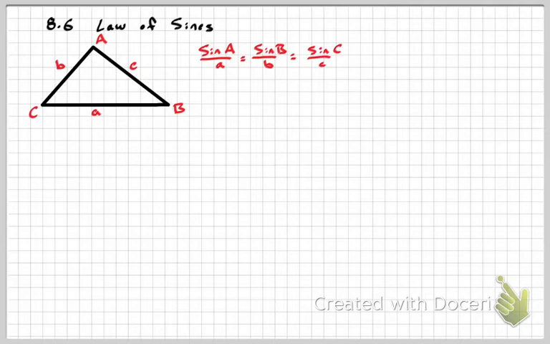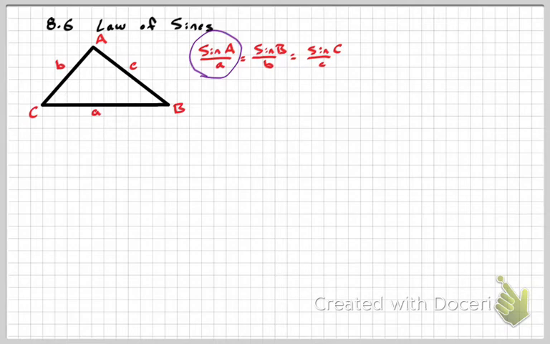I usually put the angles in the numerator. If you wanted to flip this and make it a over the sine of A, b over the sine of B, you totally could, as long as you stay consistent with your setup. But that literally is the law of sines. We use this when we have a complete ratio and then maybe one side length or one angle of another piece of our triangle.